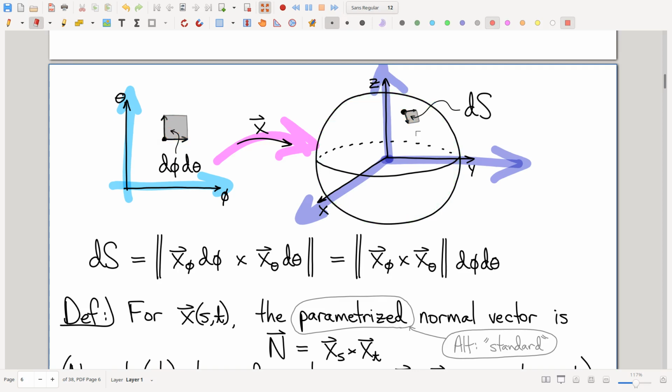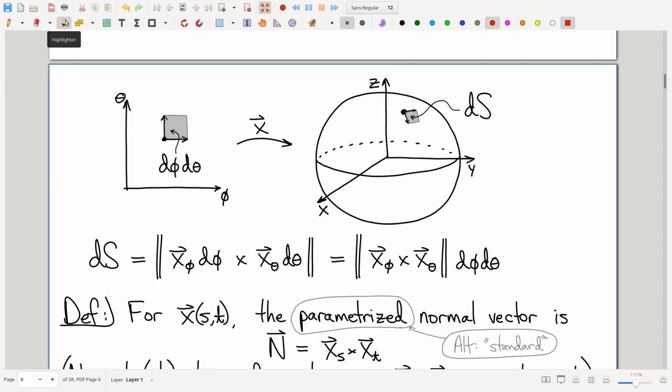Putting those together, let me get rid of all of this mess. Putting those together, this little piece of area here, an amount of area in the phi-theta plane, corresponds to this little piece of area on the surface of the sphere. And y'all can probably see what's coming. We've done this kind of thing in multiple previous contexts.